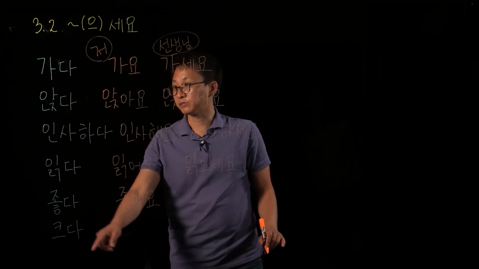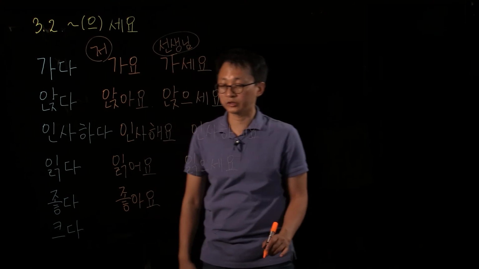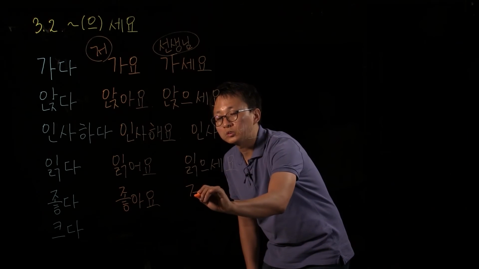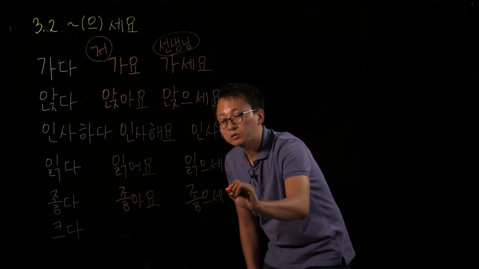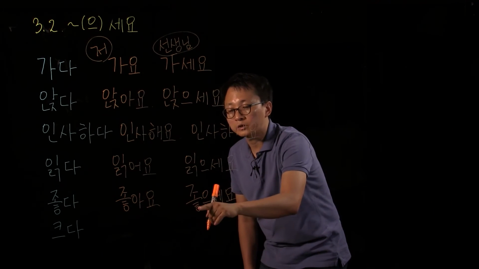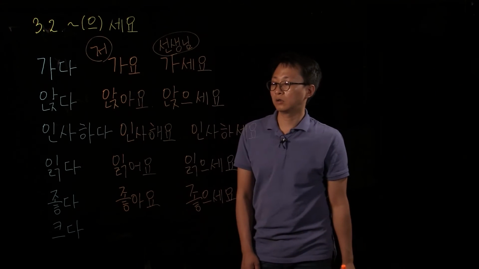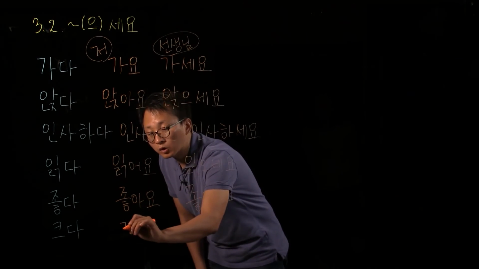So they are adjectives, they are verbs. 가다, 앉다, 인사하다, 읽다, and 좋다, good, adjective. My teacher is good. 선생님은 좋으세요. So there is a consonant, we inserted 으. And 저는 키가 커요. I'm tall. 크다 그러면 커요.